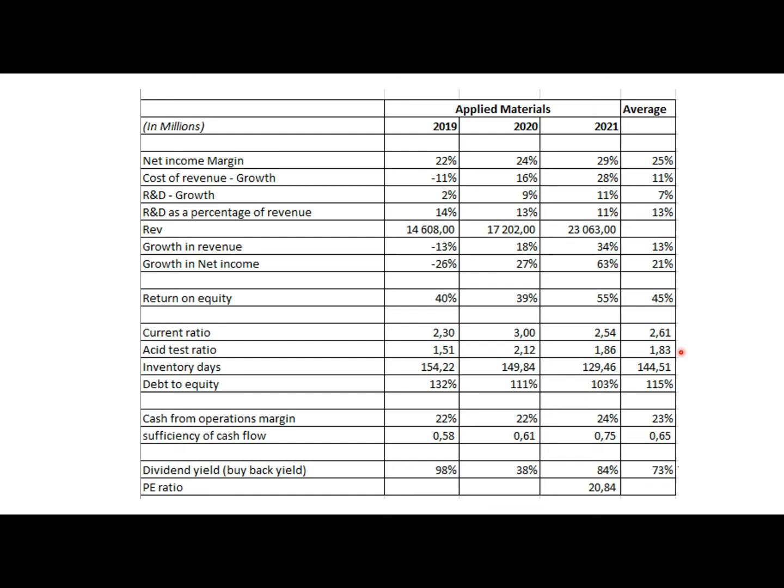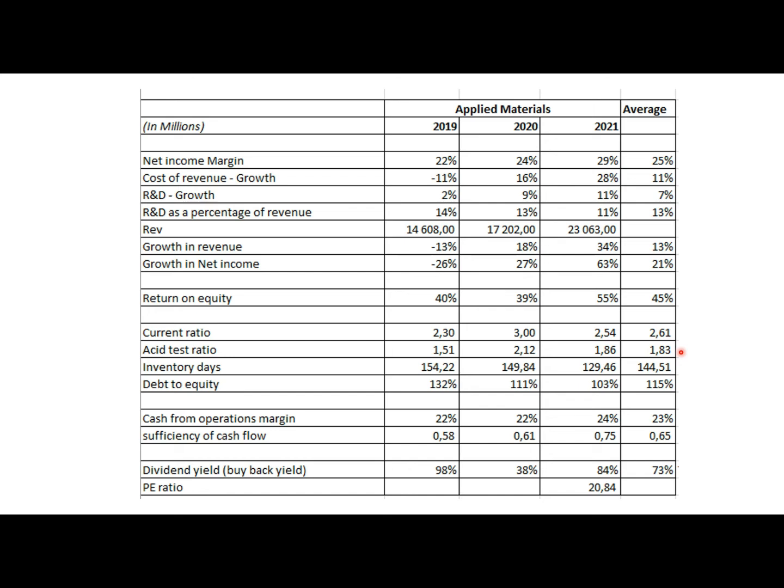So the asset test ratio, same as the current ratio, both underperform the industry, but at these levels do not highlight an increase in liquidity risk and highlight a pretty stable, pretty decent liquidity position in AM's balance sheet. So not awful, but both ratios do indicate a decent, strong enough liquidity position.